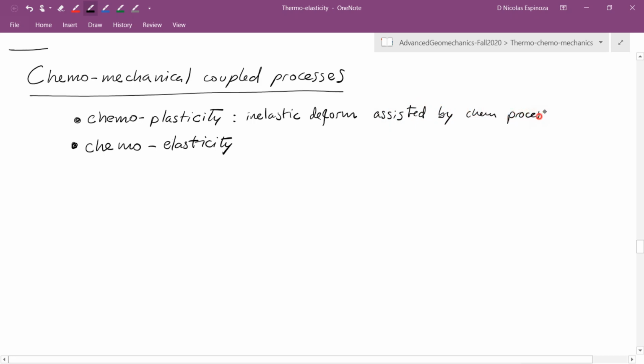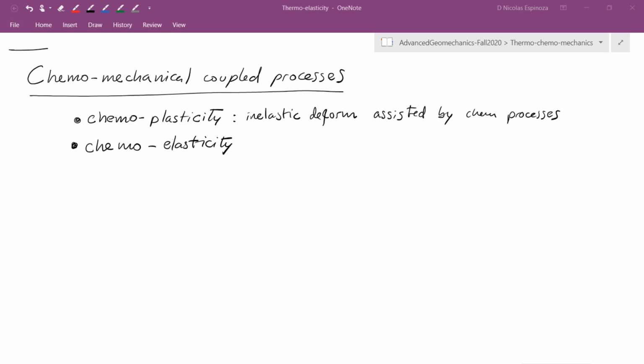For example, you could have dissolution of minerals that could help a rock to lose porosity and get more compacted, or in some other cases, you could have the dissolution of a mineral helping a fracture to propagate.